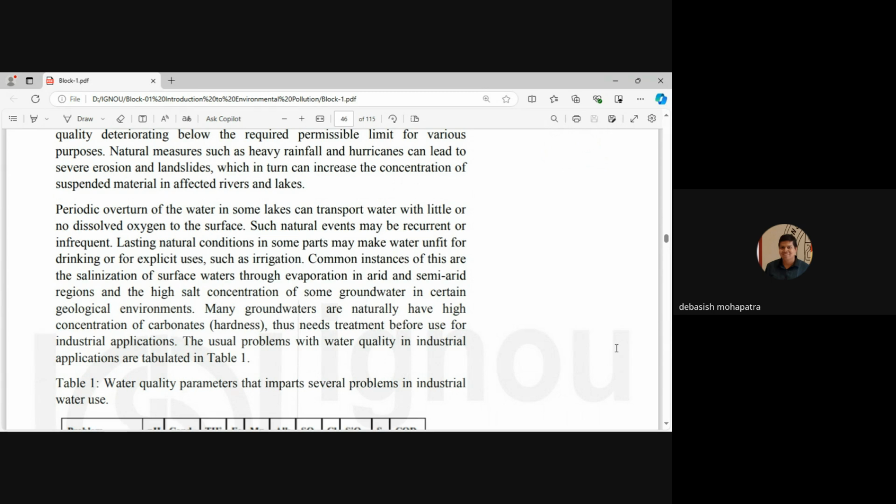Then natural conditions in some parts may make water unfit for drinking or for specific uses such as irrigation.